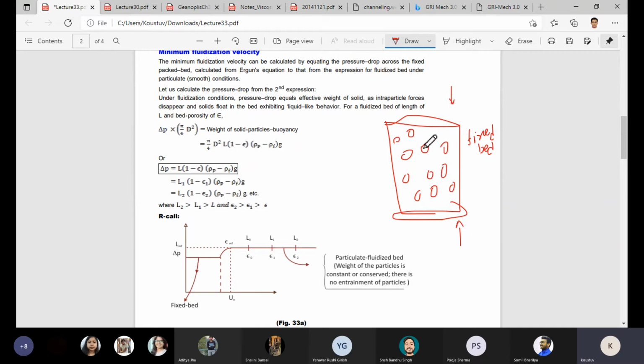Now there are many advantages of fluidized bed operations. In fluidized catalytic cracking units, the packing materials are basically the catalyst, and these are moved, rotated, circulated, and no longer kept static.